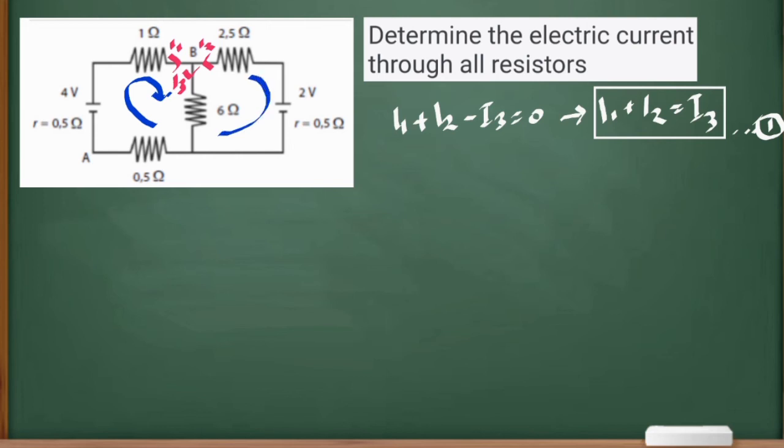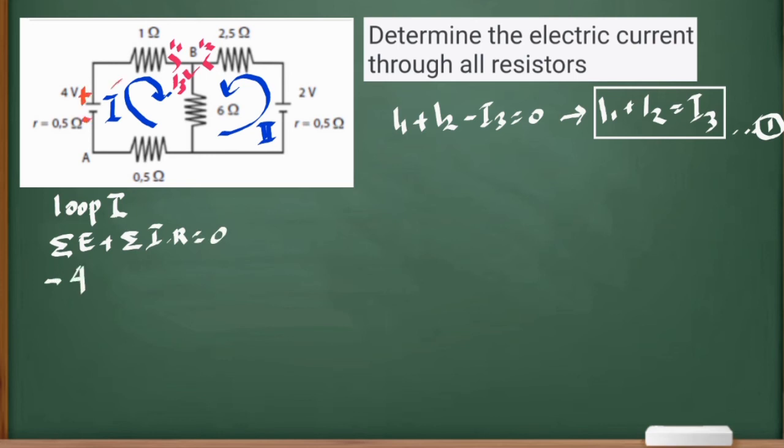And then determine the loop. You can choose like this, and loop 1: sigma E plus sigma I times R equals 0.